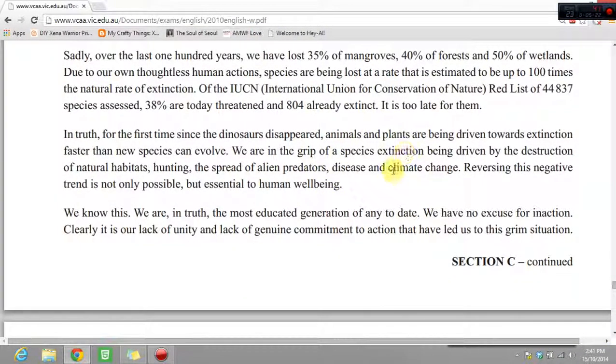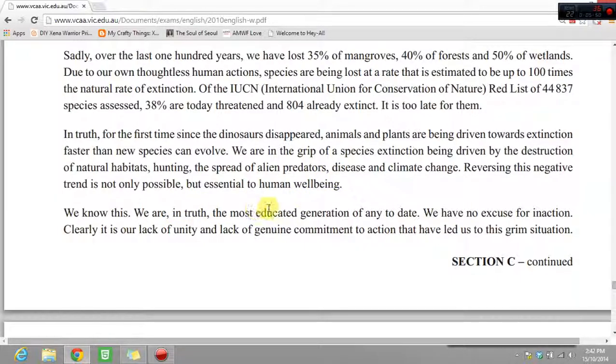Next, we get a kind of a very apocalyptic feel with words like extinction, destruction, and predators, okay, alien predators. So we get this real end of the world feeling. Now, of course, our inclination is for survival, to avoid the end of the world, and this will create a great sense of fear. So we will want to take preventative action to avoid this apocalyptic outcome.